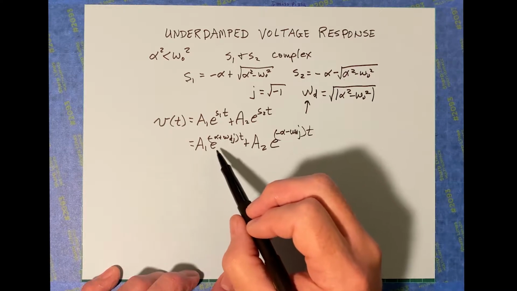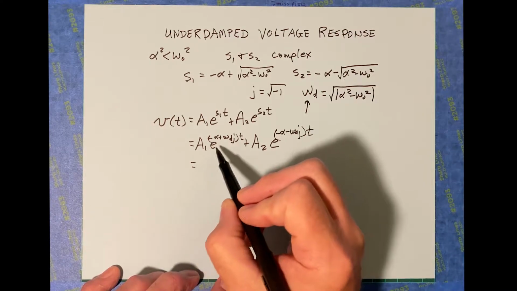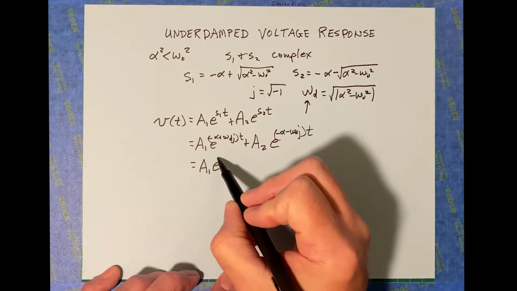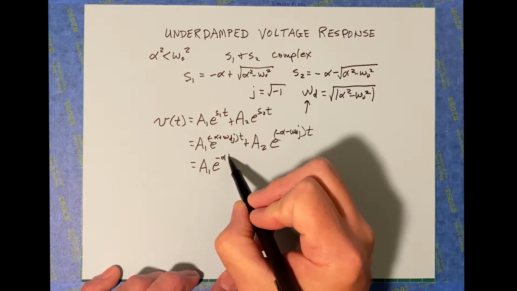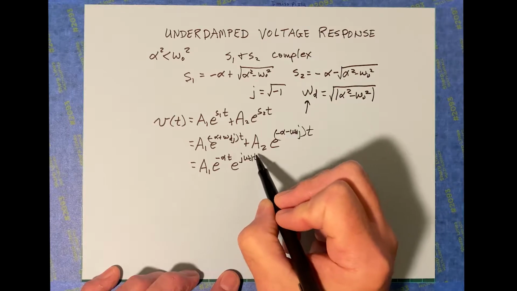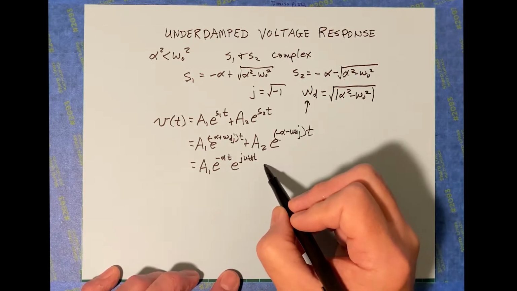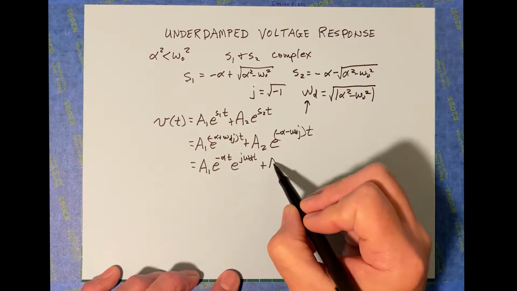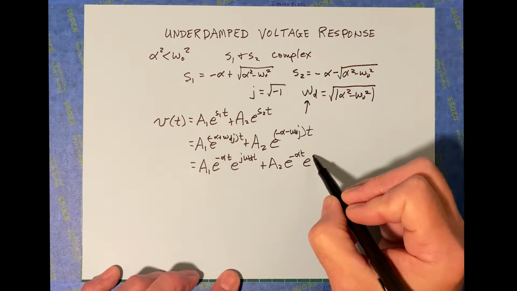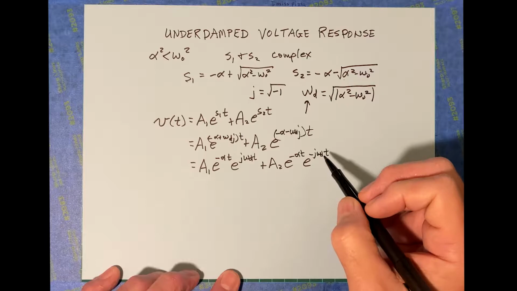I'm going to simplify this a little bit. You can separate these exponentials here, and I can have A1 e to the minus alpha t e to the j omega sub d t. All I did is change the order, put the j in front of the omega sub d here, plus A2 e to the minus alpha t e to the minus j omega sub d t, like that.